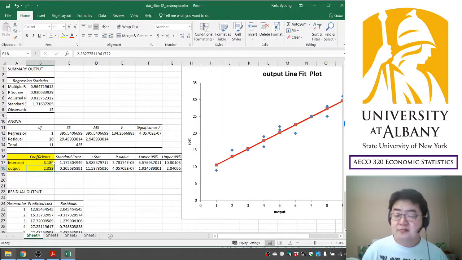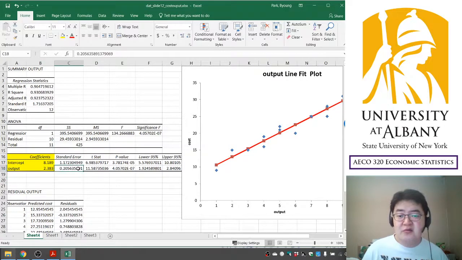They are calculated by a method called ordinary least squares, which I'm going to explain later, but just for a while assume that they are given. So it looks like the fixed cost is estimated to be about 8.2, and the marginal cost is about 2.38, right? That is our result.